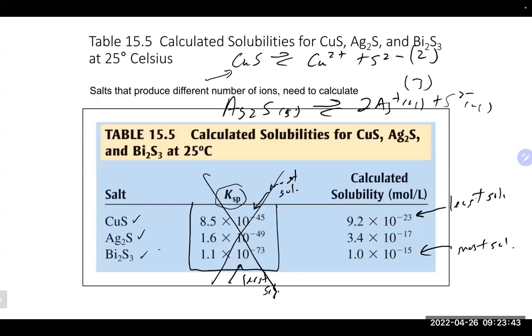You have to do the calculation like we just did, and then compare to see which one is more soluble, because you might be surprised, as you can see on the right-hand side of this table. If they have the same number of ions, you could directly use the Ksp, but if they don't, you need to do the calculation for each one and figure out which has the greater solubility in water. Any questions on that?